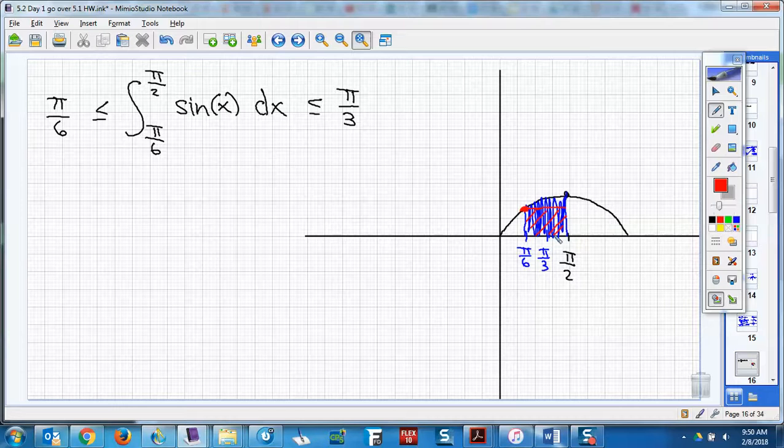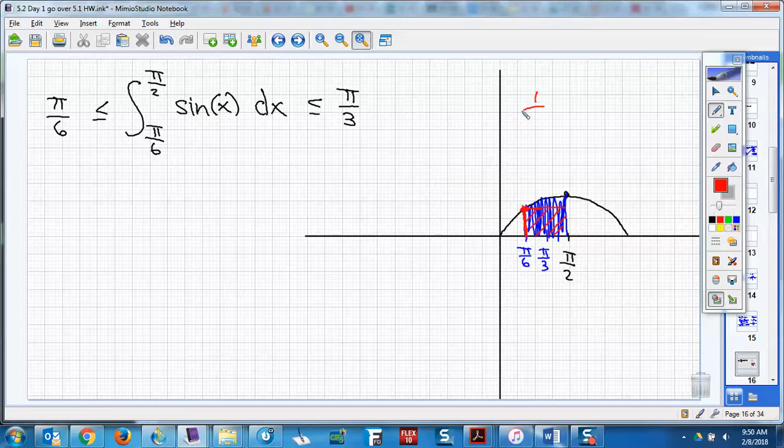Now, what is that red area? Well, it'd be this height. What is this height right here? It's sine of pi 6. You take pi 6 and plug it into sine. What is sine of pi 6? It's 1/2. Sine of pi 6 is 1/2.